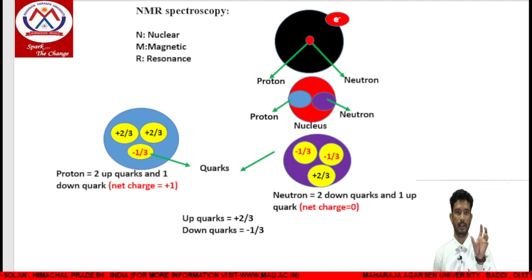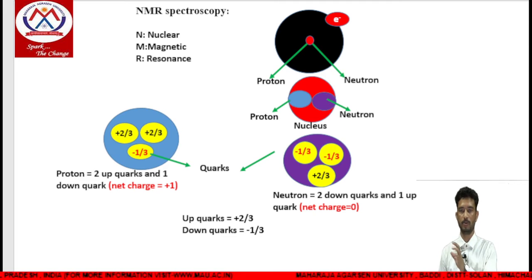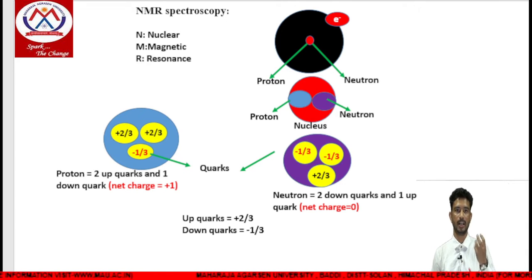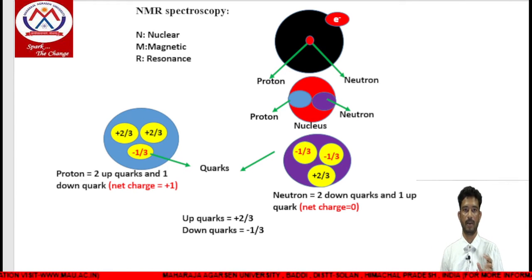So here we can see the positive charge on protons and the neutral charge on neutrons. Now we know that whenever a charged body or a charged particle is displaced or shows some movement, that will produce a magnetic field.